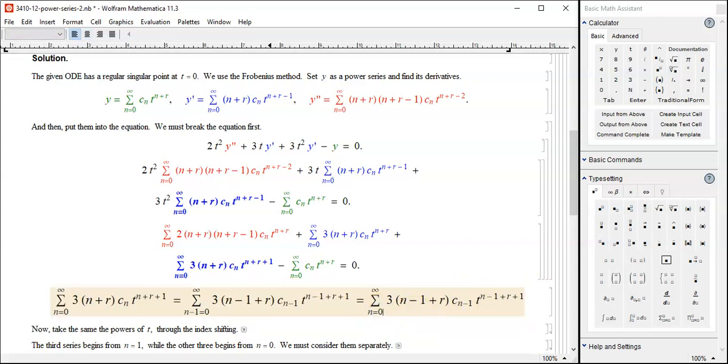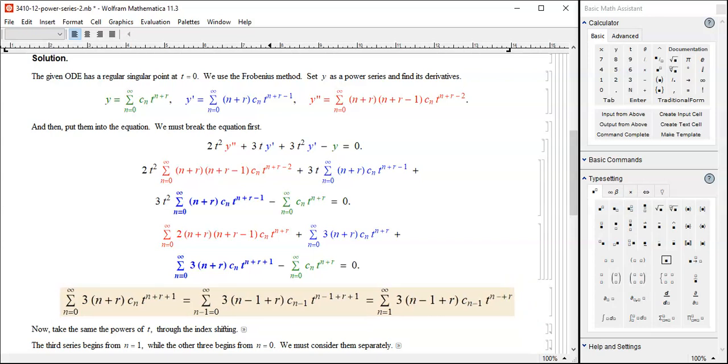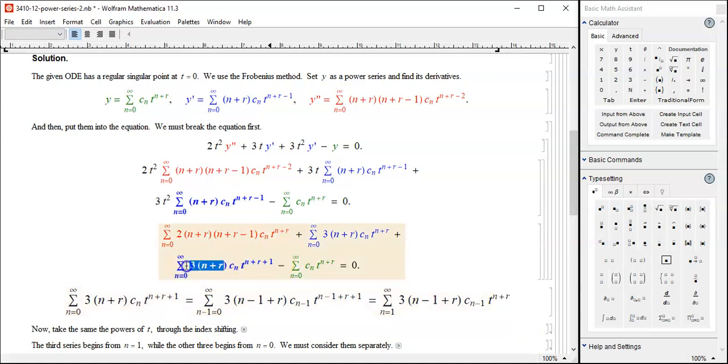And it's now starting from 1 to infinity. So that's going to take place right over here. And here, n minus 1 plus r plus 1. So we are going to get what we want, n plus r power. So this part will become like this. And the other three are okay as they are.